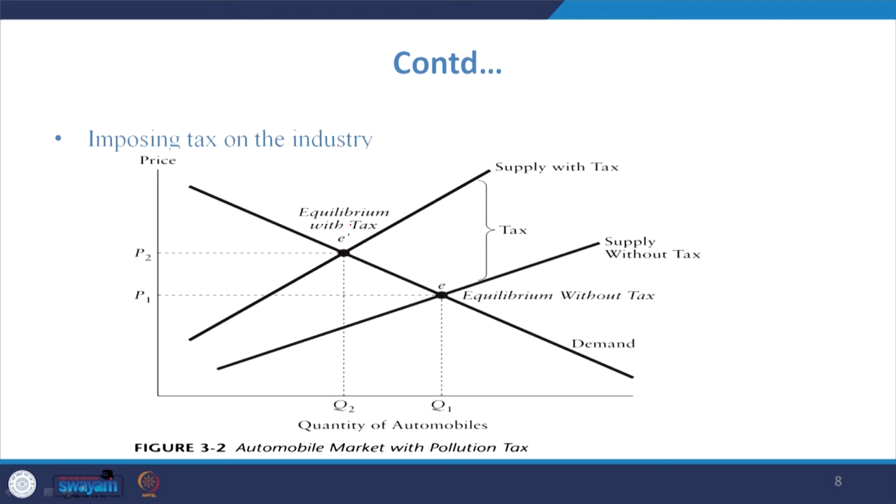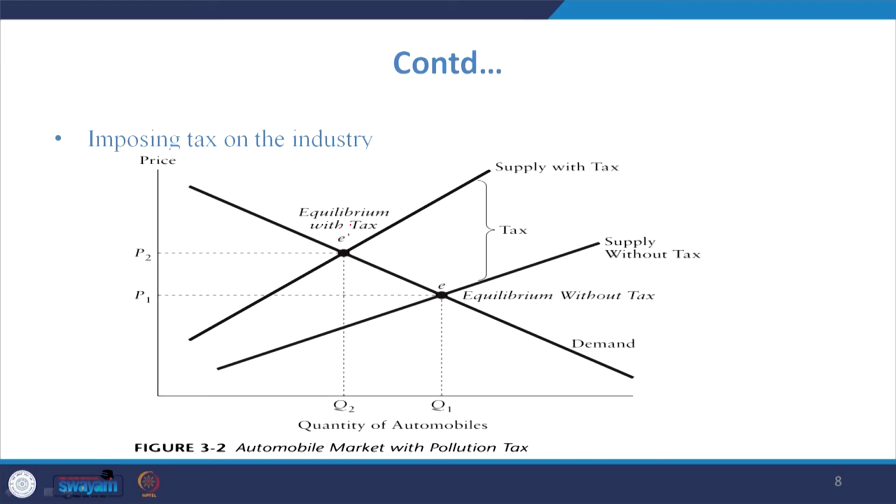economy. Similarly, as I already explained, when you impose the tax, then the tax will also shift the supply curve, and if tax is imposed, the company will set the price at a higher level.